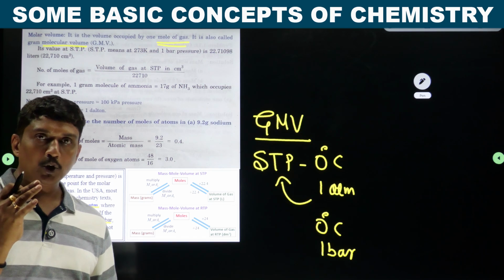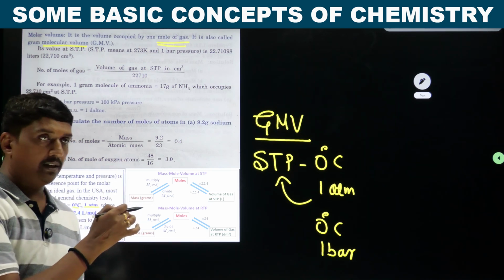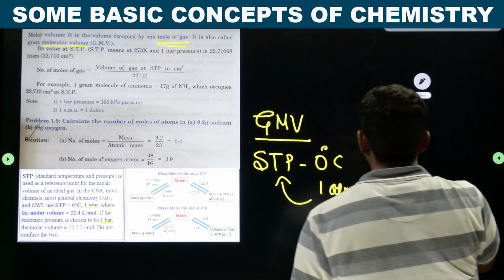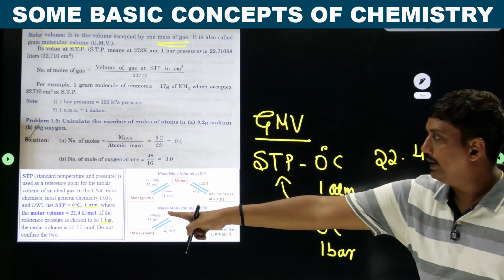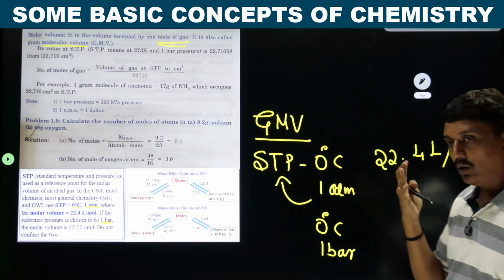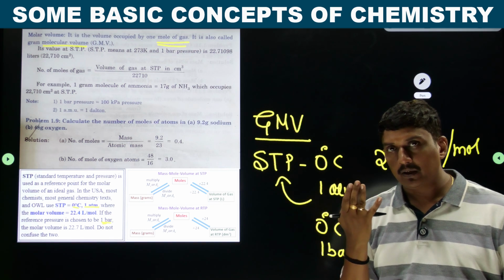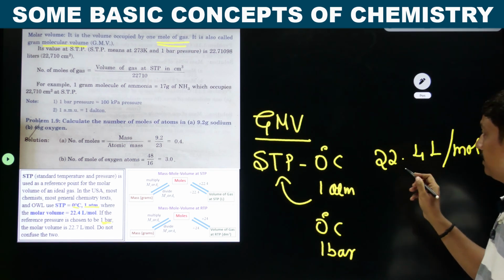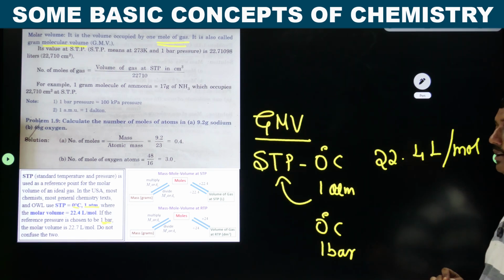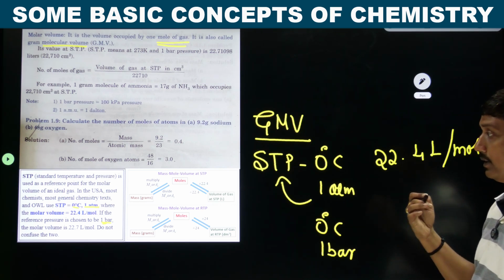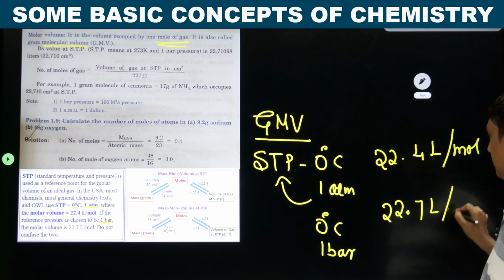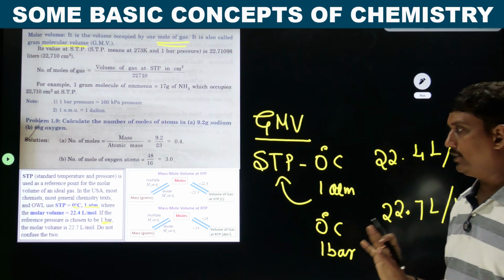If you take 1 mole of a gas under this condition, the volume is equal to 22.4 liters. 22.4 liters per mole. Why? Because you are taking 1 mole, and 1 mole is occupying 22.4 liters. Hence, GMV, or molar volume, is 22.4 liters per mole. Another value we use is 22.7 liters per mole, which applies under a different condition.